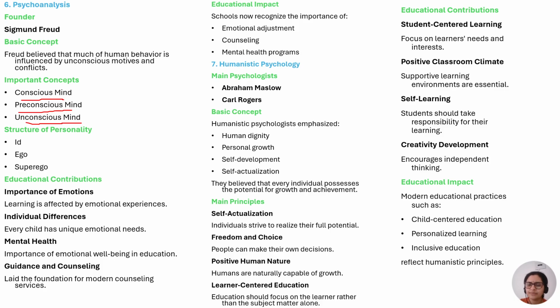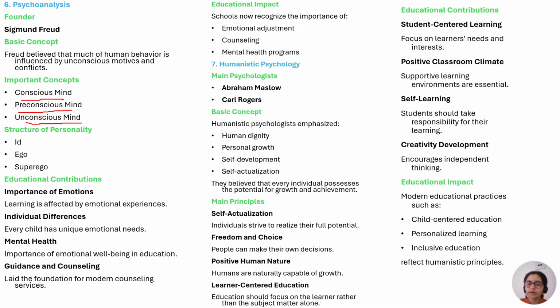For example, a person has some past traumatic experience relating to his parents or his siblings. So whenever he talks with his parents or his siblings, he will unconsciously get reminded of that trauma.